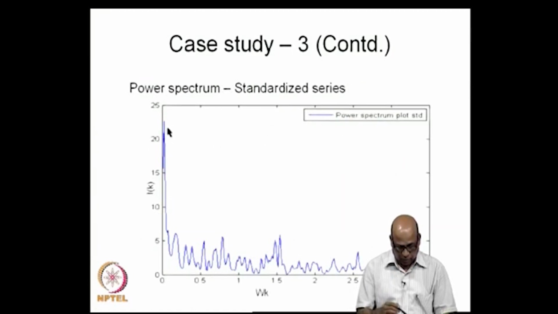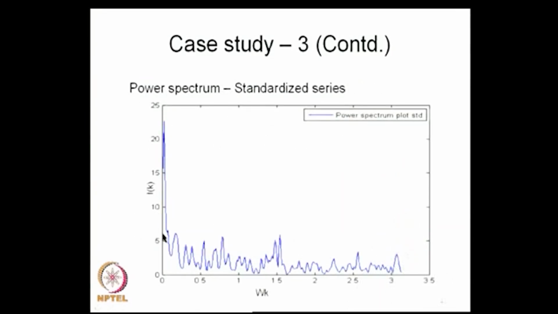So, the power spectrum here shows that most of the periodicities are removed, because you are seeing that there is no significant spike here, which would indicate a major contribution to variance at that particular point. So, the power spectrum more or less shows that the variance is uniformly distributed across all the frequencies.